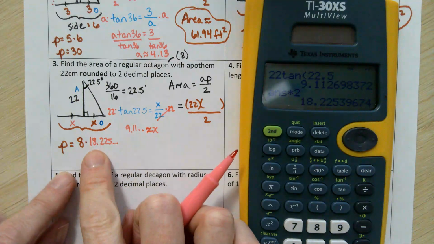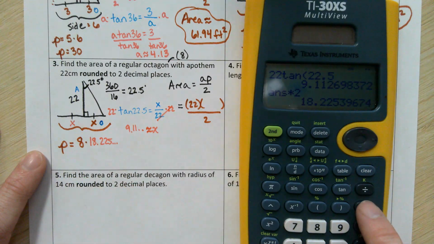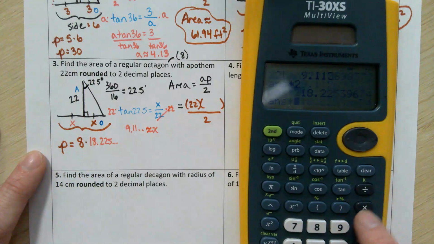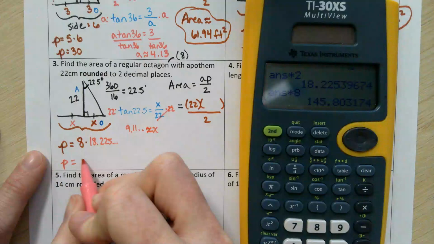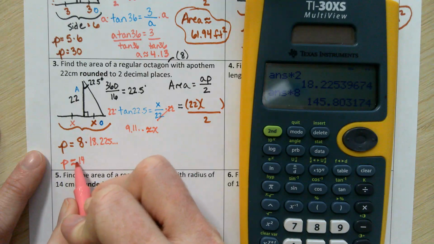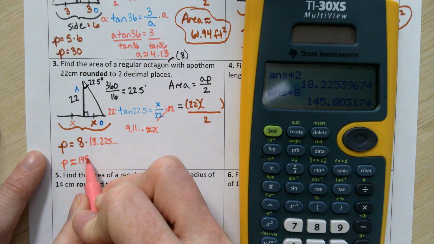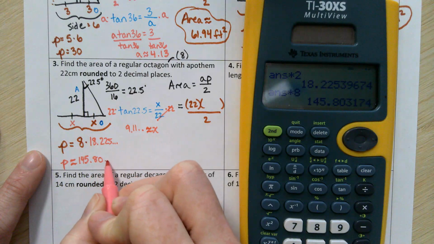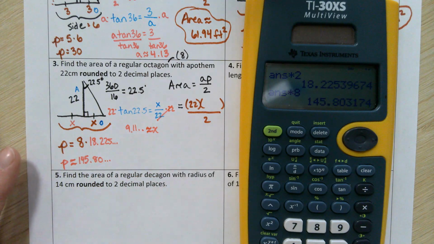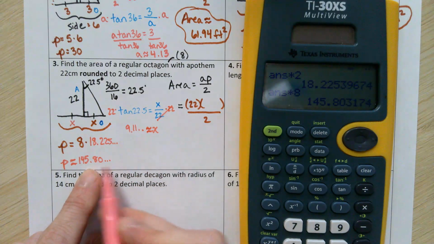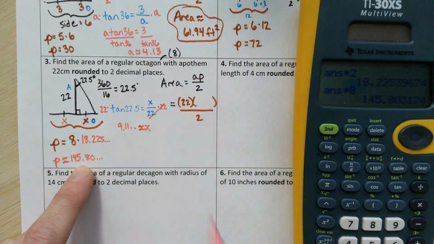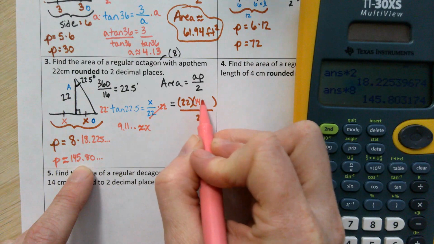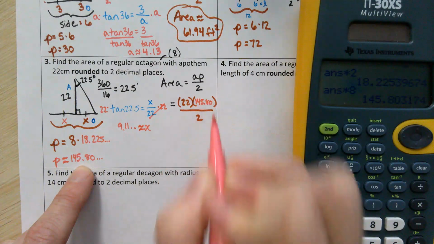But I'm going to keep that nice and exact and go ahead and also multiply, without any rounding happening, by 8. So my perimeter is now close to 145.80, but there are still a bunch of decimals attached to that. So since I've already got my area formula set up, next up, I'm going to take that perimeter and plug it in.